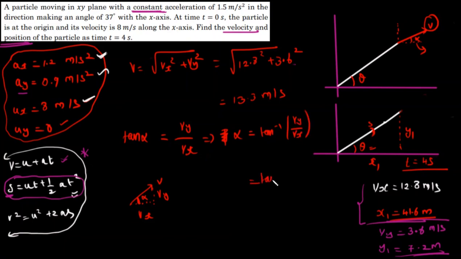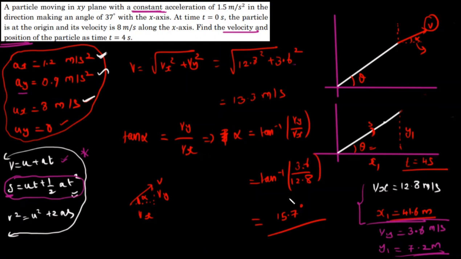We already got Vy and Vx: Vy is 3.6 and Vx is 12.8. So tan inverse of 3.6 by 12.8 is 15.7 degrees.